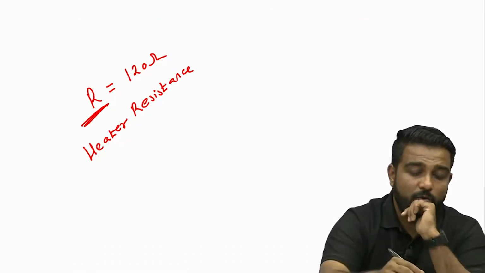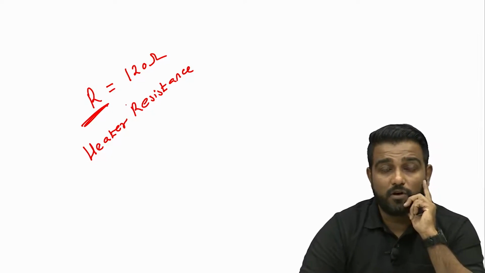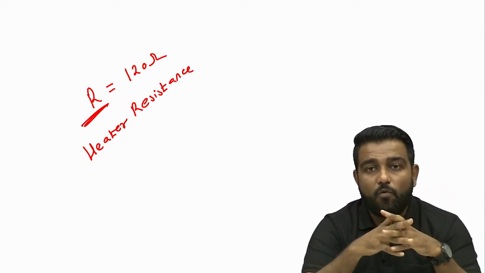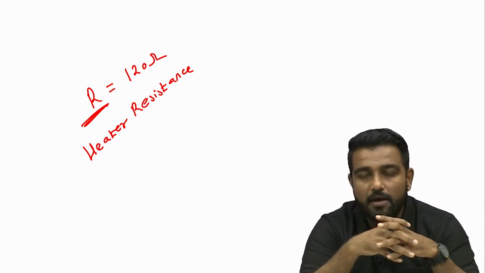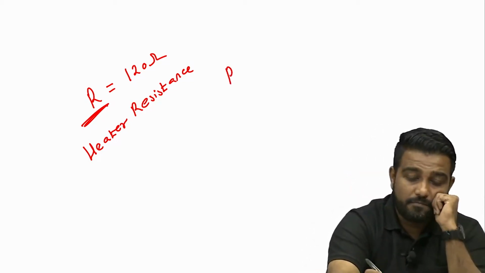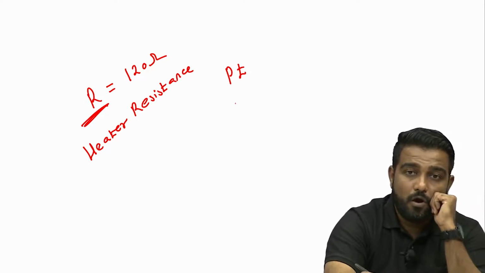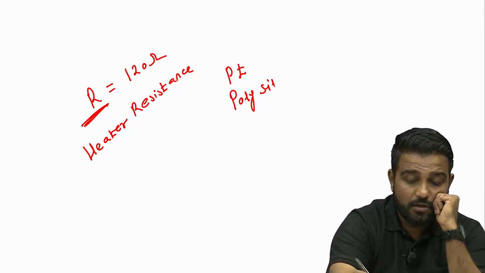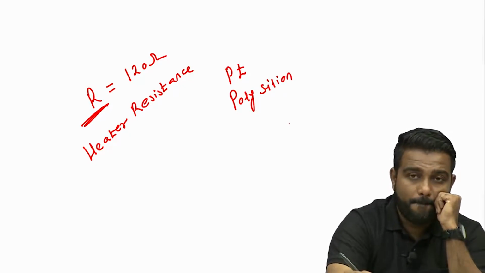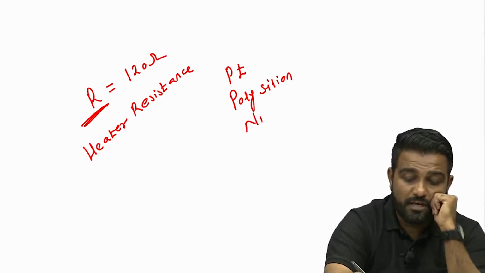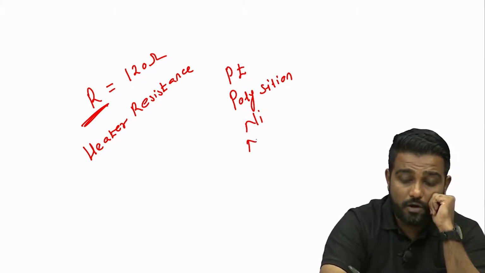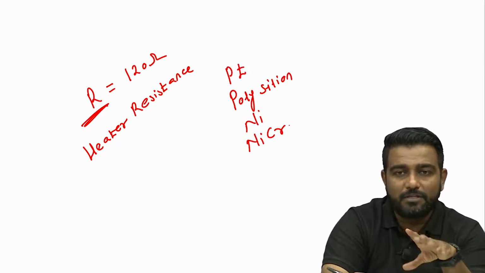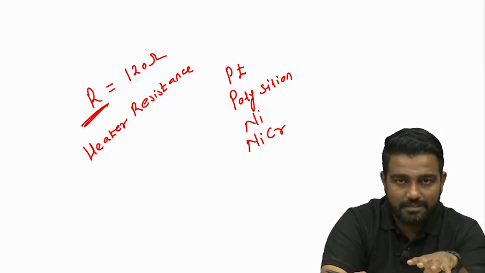Now, how can we get 120 ohms of resistance, right? The first thing is what kind of material you will be using: whether platinum, or polysilicon instead of metal, or nickel, or nichrome. Why are we discussing these particular materials?